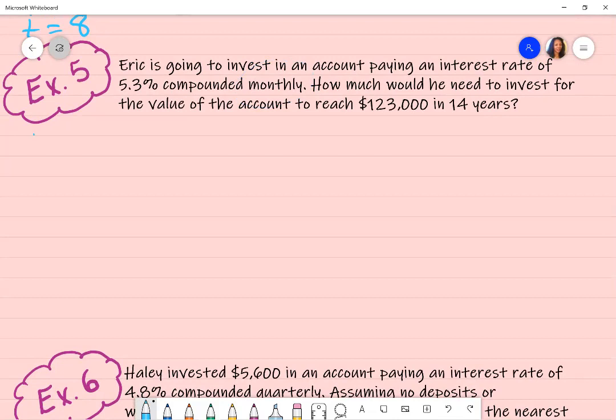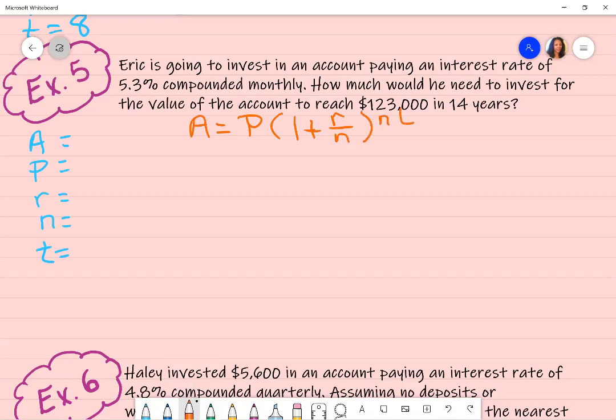So let's go ahead and write to the side A, P, R, N, T, because I know those are the variables that are going to be used in my formula. And again, my formula is A is equal to P times (1 plus r over n), all raised to the n times t power. I personally, like I said, like to write the formula each time.